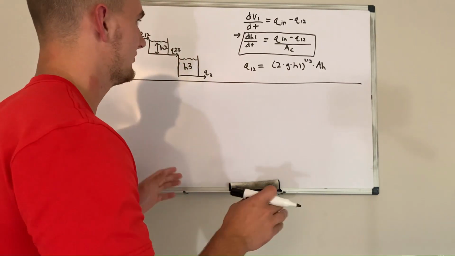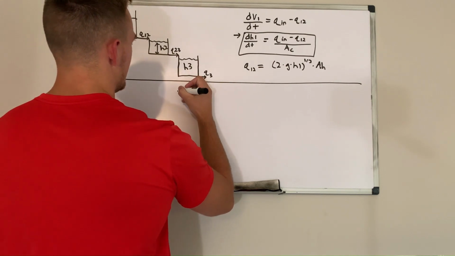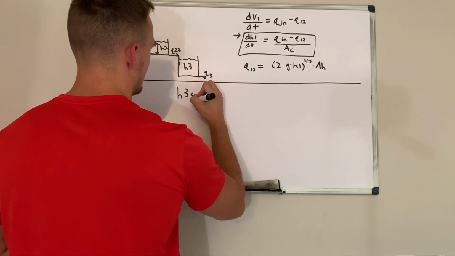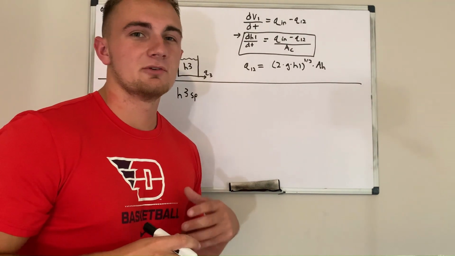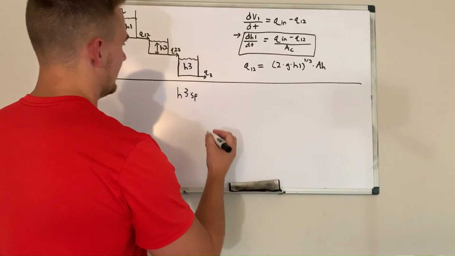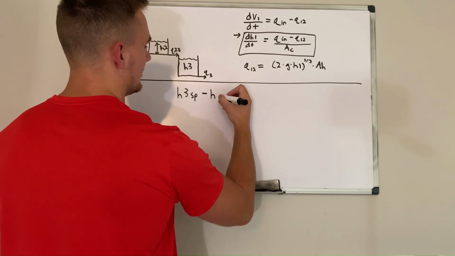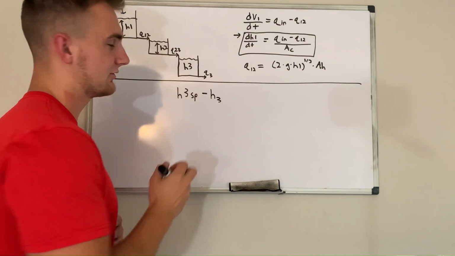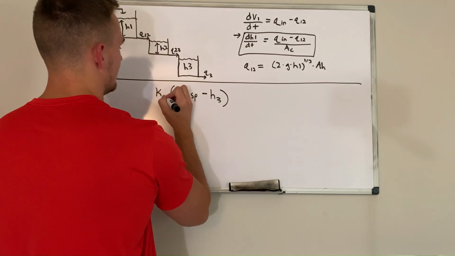Again, this is the simplest type of controller. So we'll have some set points. We'll have H3 set point, and in this problem we're going to be using an increase of 10%. Anytime the set point is greater than the height of the third tank, we'll want to multiply the difference by some Kc.